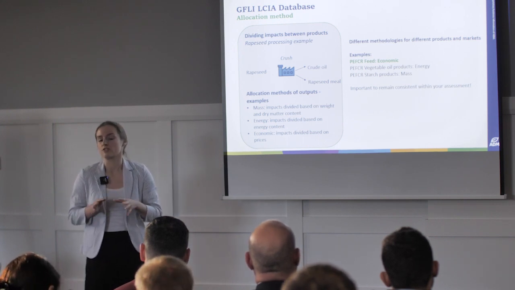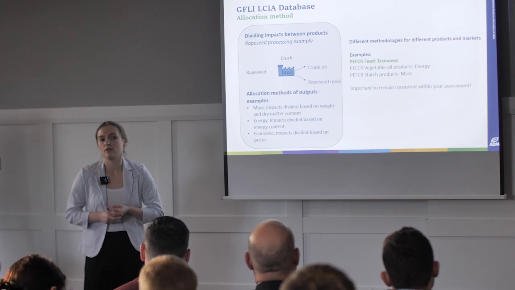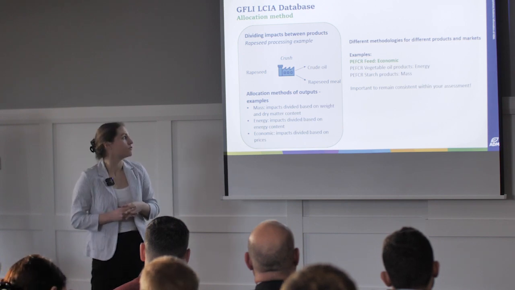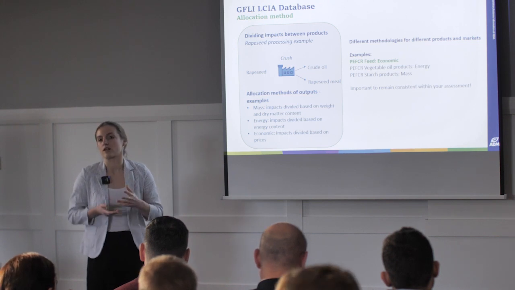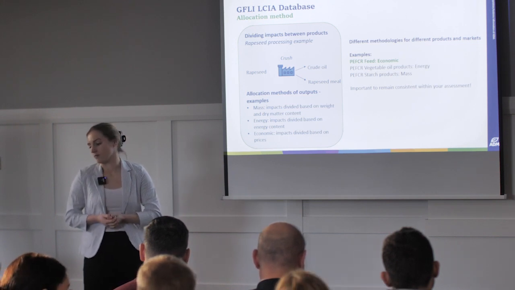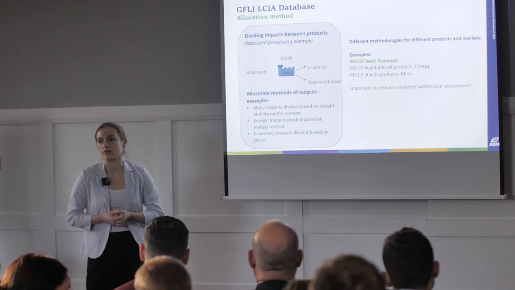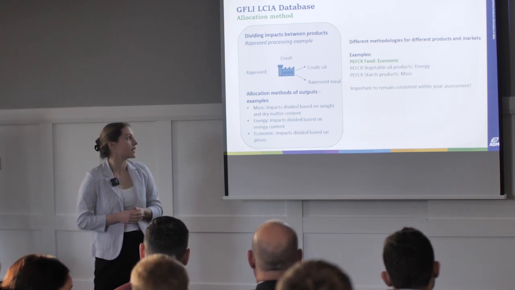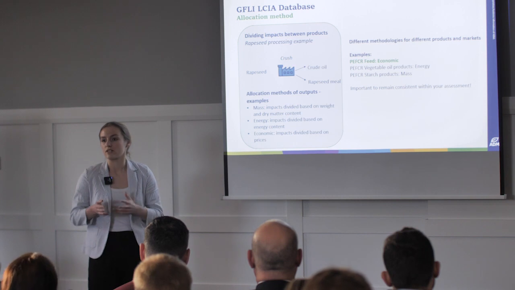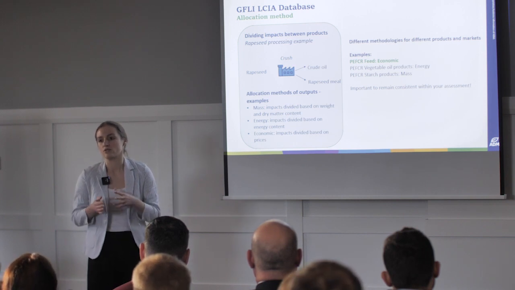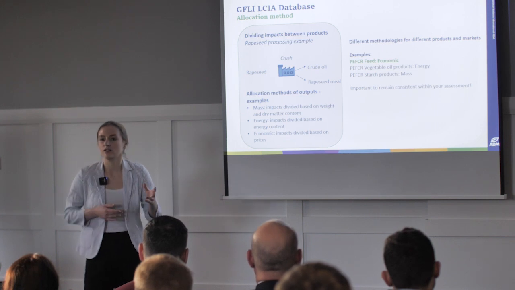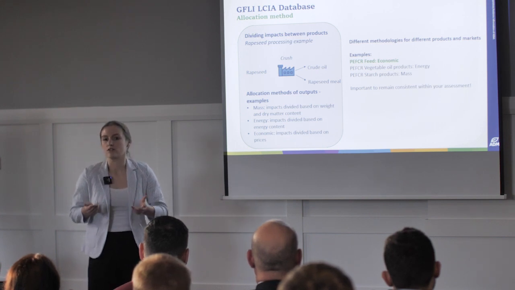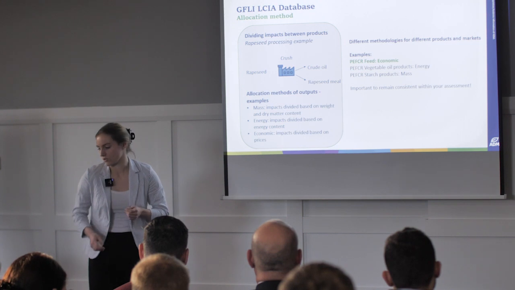For example, the vegetable oil industry uses energy allocation, or at least recommends that, and the starch industry uses mass allocation. But it is important to be consistent within your calculations, because you don't want to choose economic once and then mass allocation another time, mix things up, and then under- or over-report your emissions.